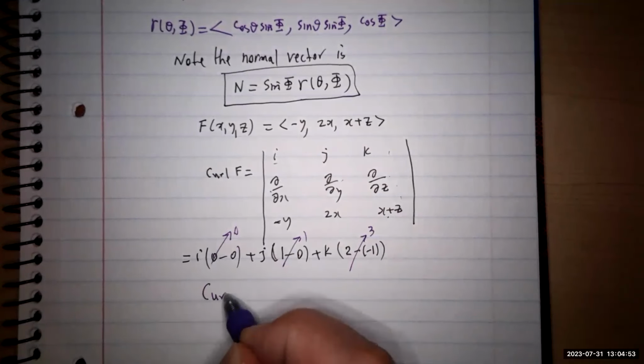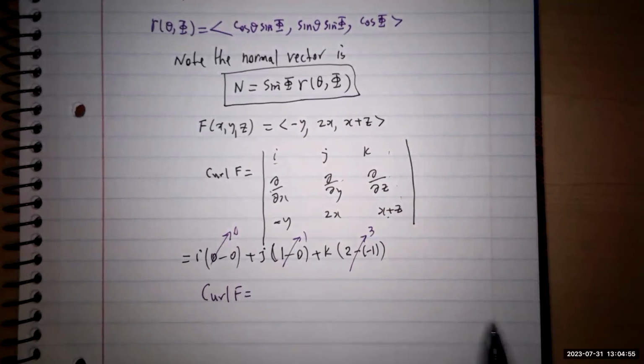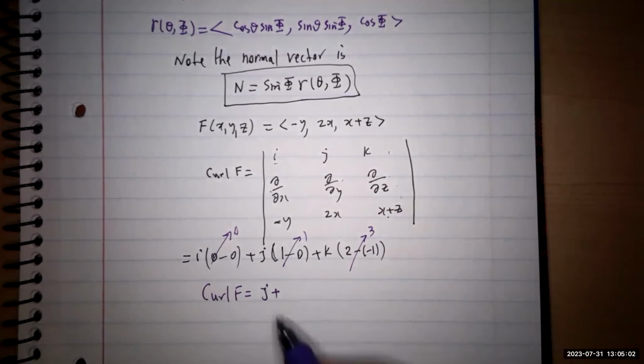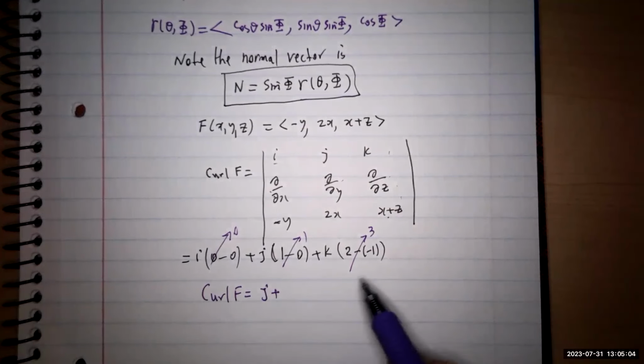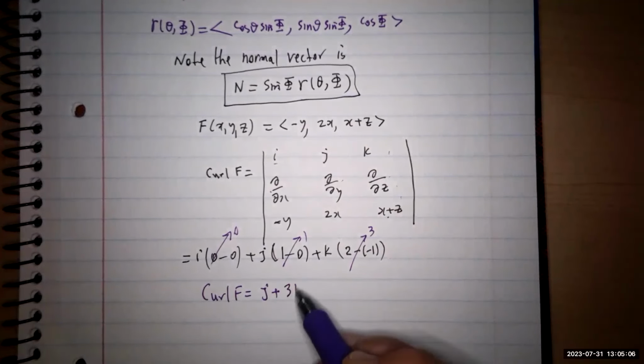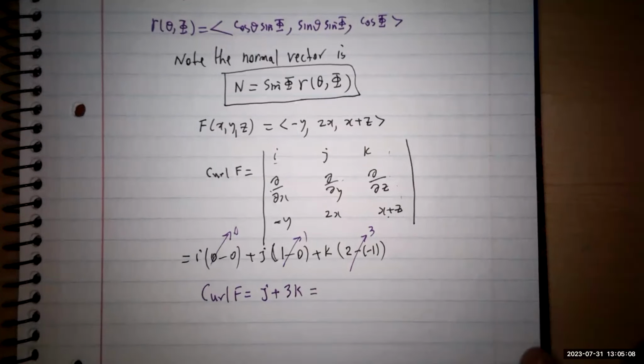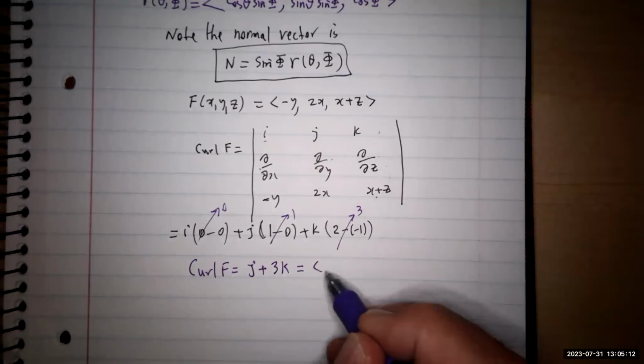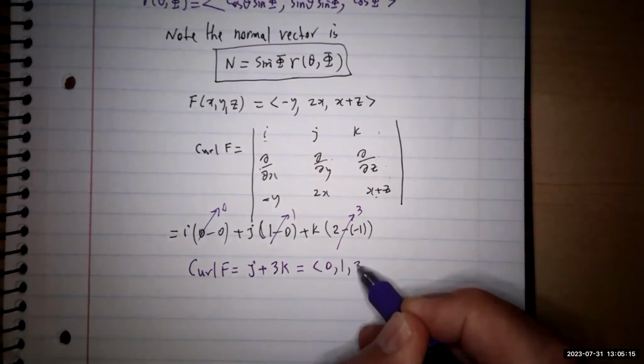So the curl of F is going to be j plus 3k. It's all constant, which is very good. So in vector form, it's going to be 0, 1, and 3.